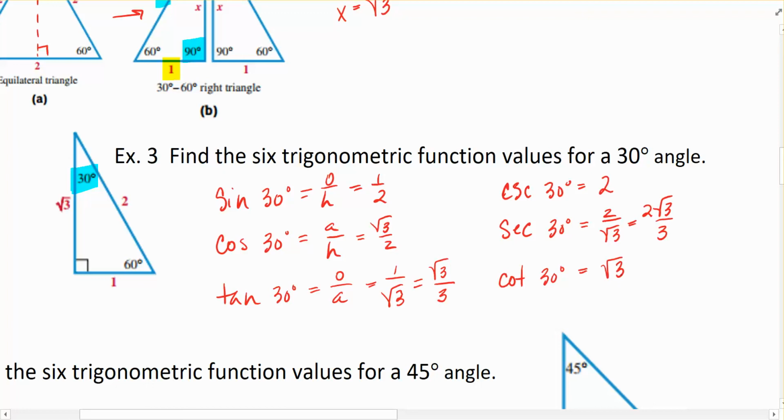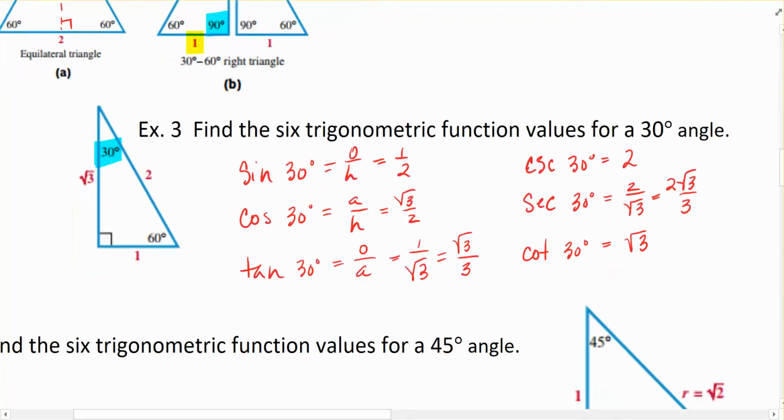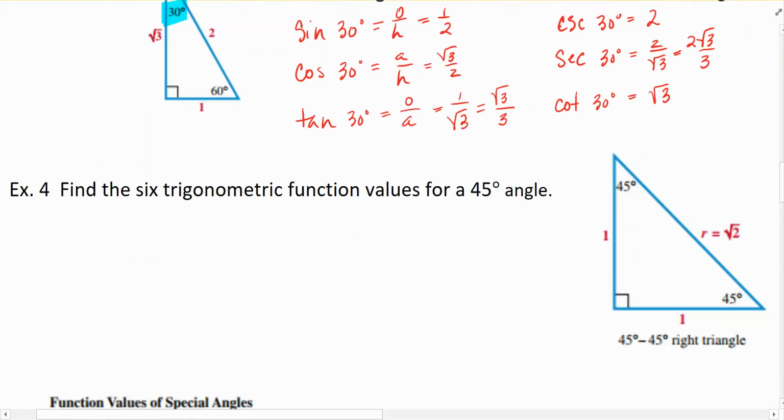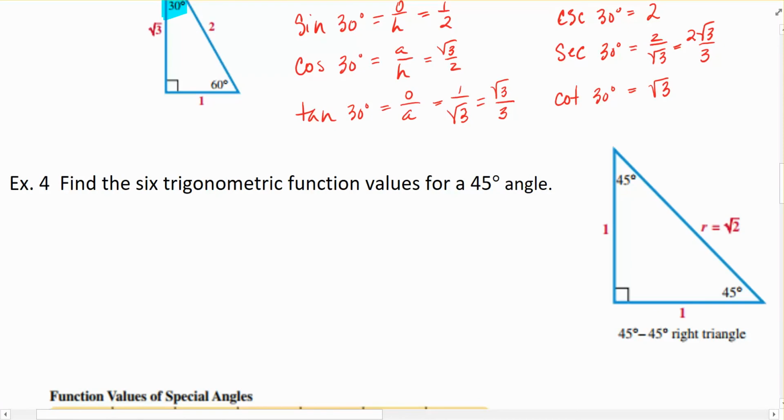So these are the 6 trig function values for 30 degrees, and then I could also go in and do a similar process if I wanted to figure out what the function values were for 60 degrees.